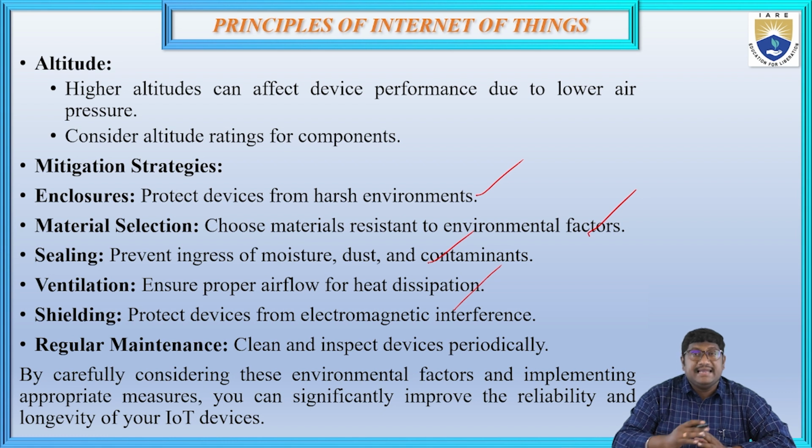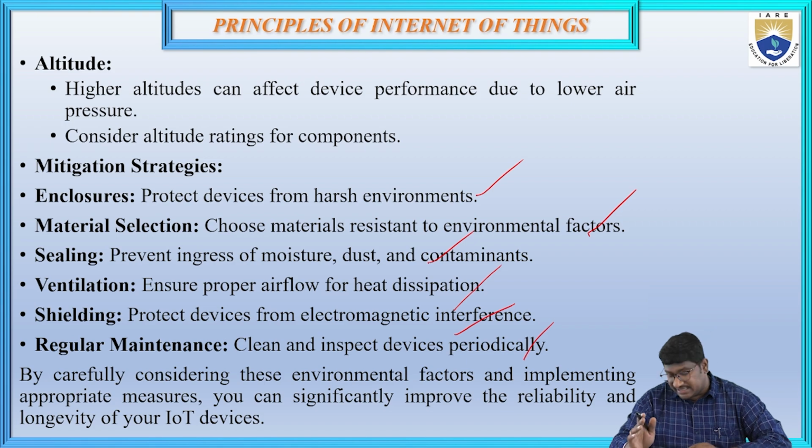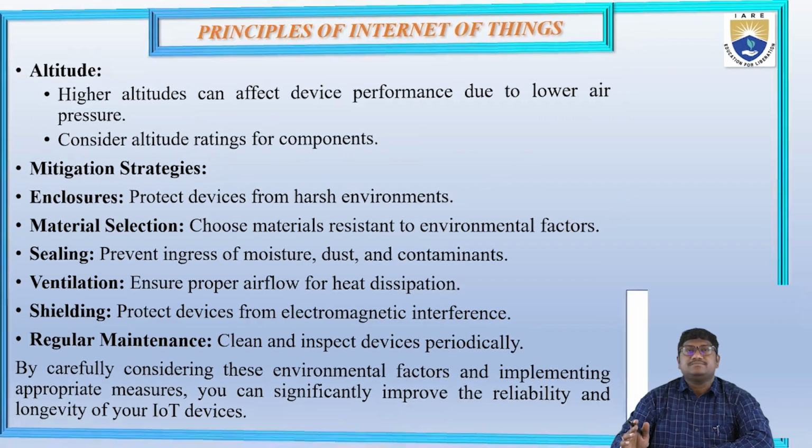Why? So that heat dissipation will be very easy. Coming to shielding, which protects against electromagnetic interference. We require this shield. And regular maintenance: clean and inspect devices periodically within a short span of time.